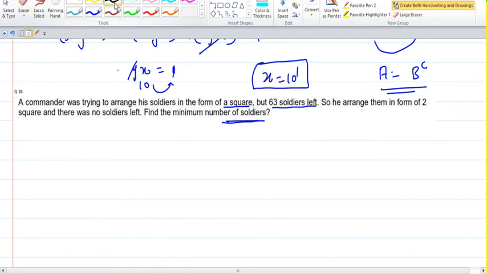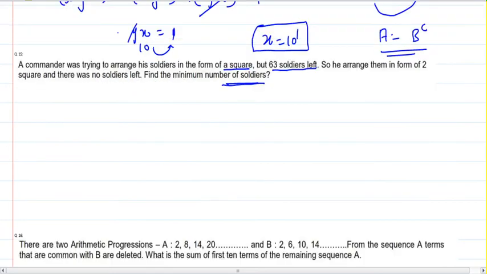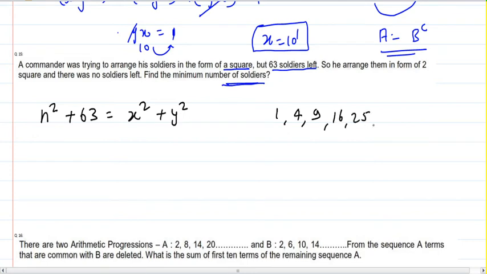So that tells me I should be able to solve this with some value replacement because the question is to find the minimum number of soldiers. I have got n square plus 63 as x square plus y square. I'll write down some squares: 1, 4, 9, 16, 25, 36, 49, 64, 81 and 100.